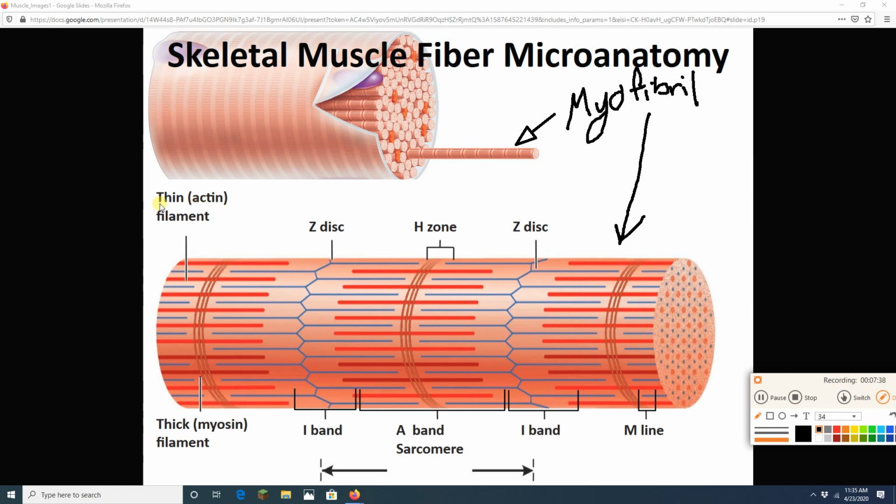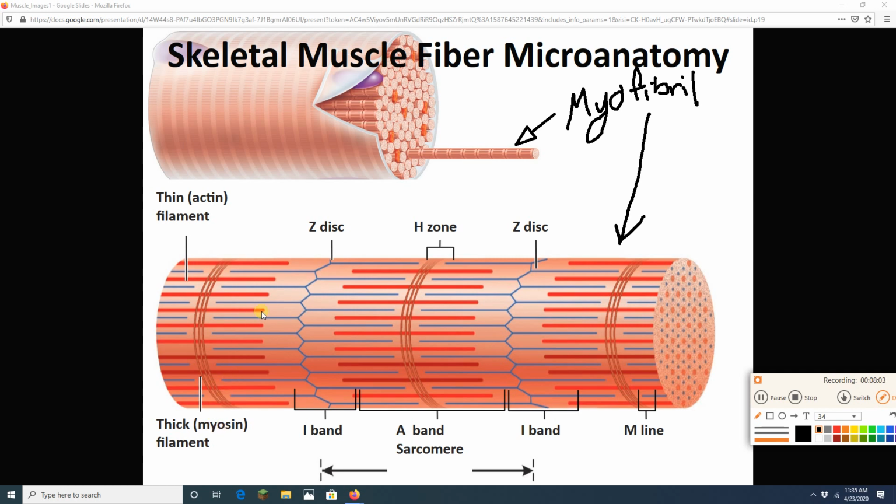All right, it says the thin filament, actin. So the blue lines, they're these things called thin filaments. These horizontal blue lines here are thin filaments, and they're made of actin. The thicker, redder horizontal lines, they're known as the thick filament, and they're made of myosin.